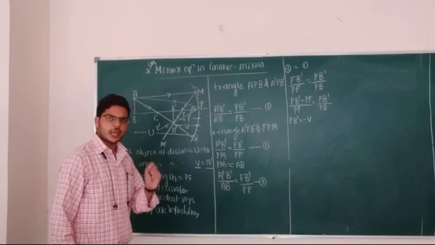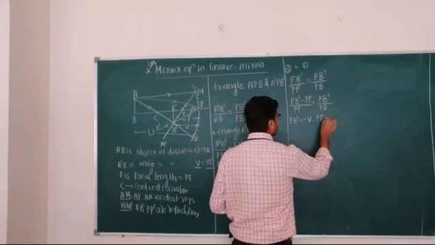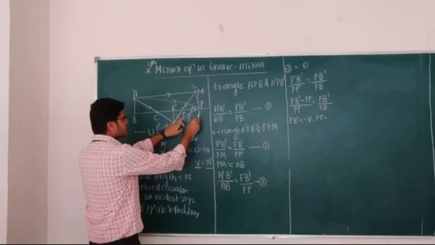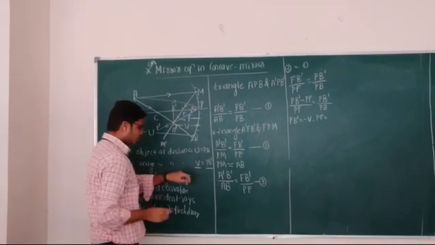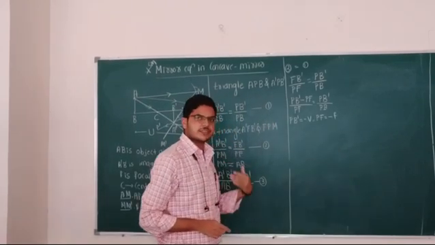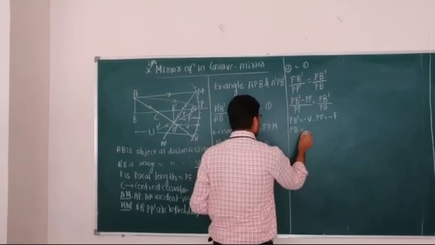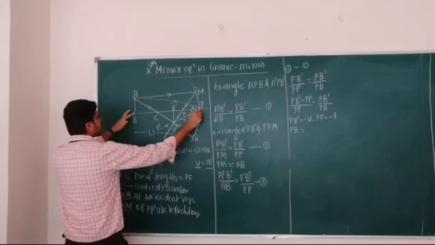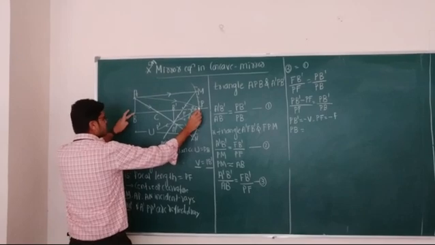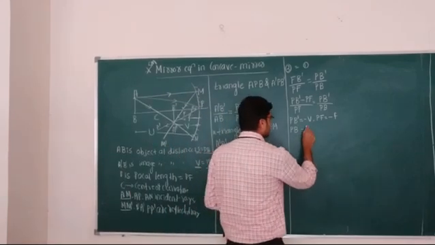Therefore, I will take it as minus v. Now, what is PF? PF, pole to principal focus, is nothing but focal length, small f. Therefore, I am taking it again as minus f because it is left side of the pole, minus x axis. PB, what is PB? Pole to this distance. At B, we are getting the object. Therefore, PB is nothing but object distance u. Therefore, I am taking it as u.